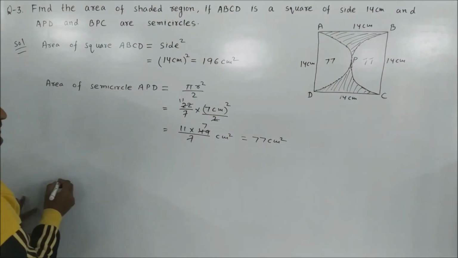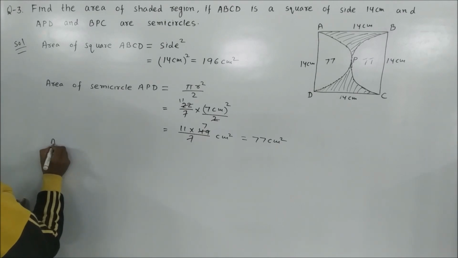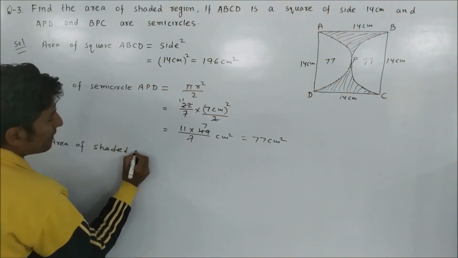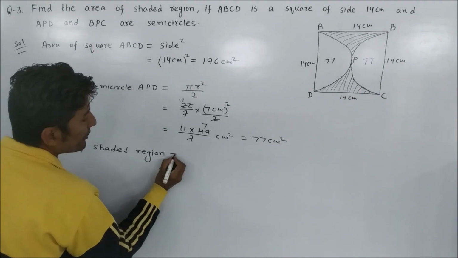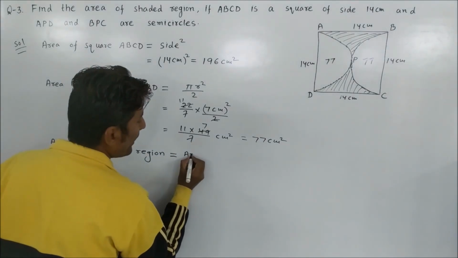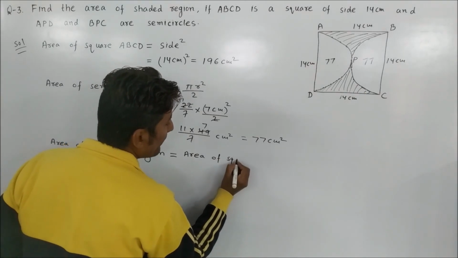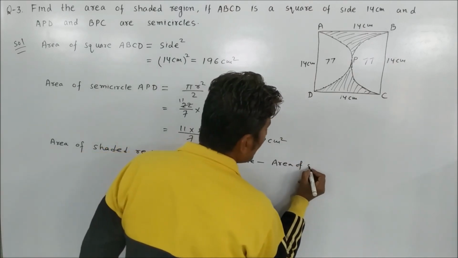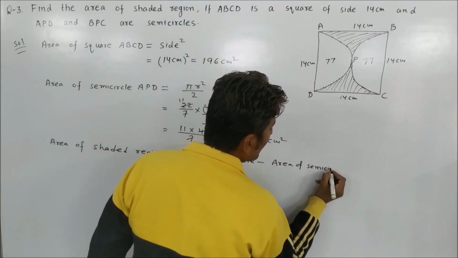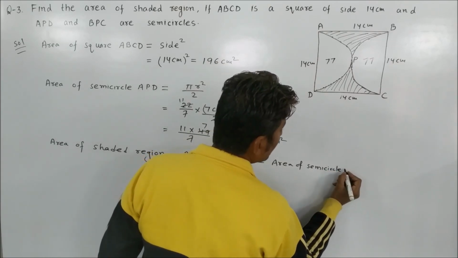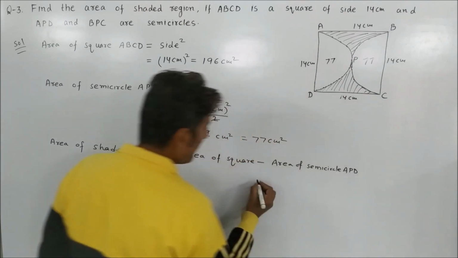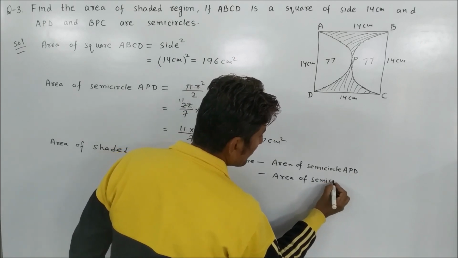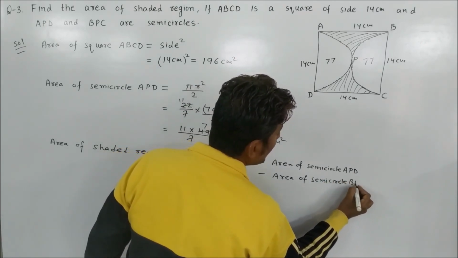So here we can write area of shaded region is equals to area of square minus area of semicircle APD minus area of semicircle BPC.